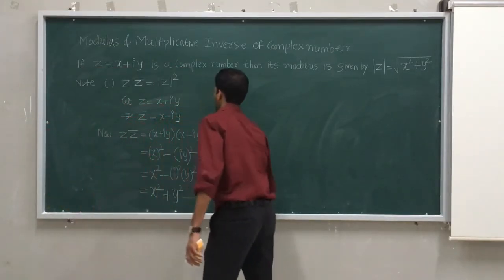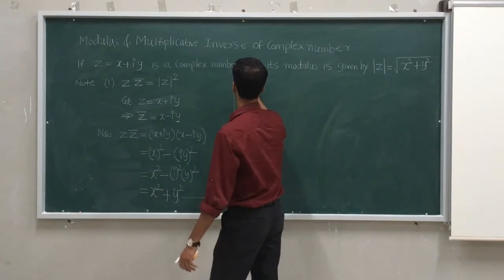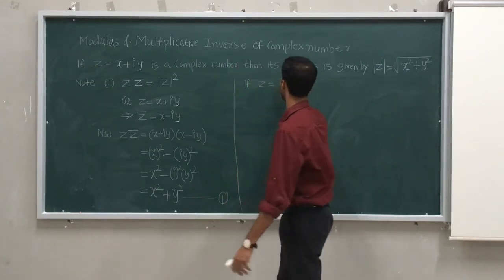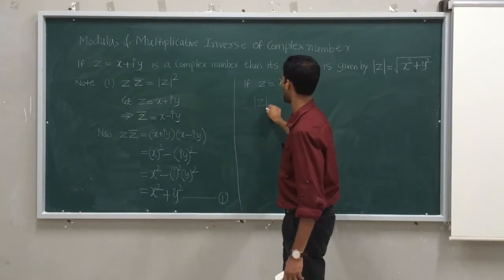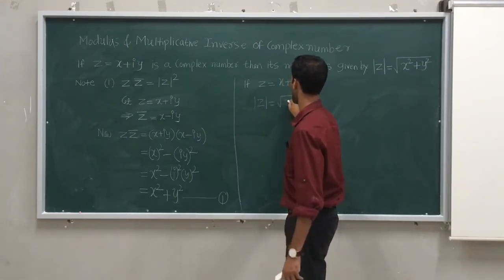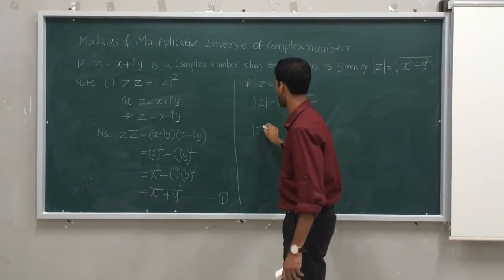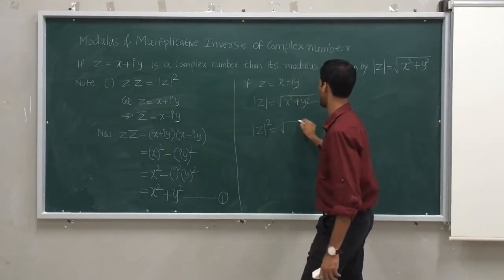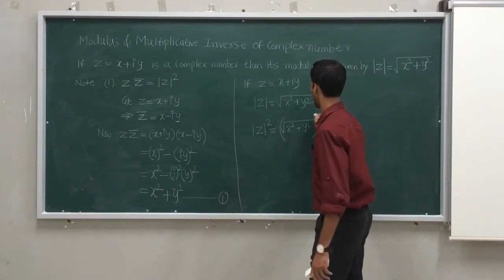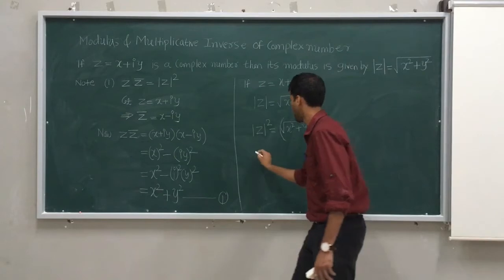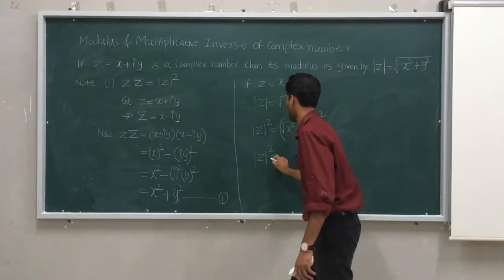Now parallelly I will take this. If z equals x plus iy, then what is the modulus of z? It is the square root of x square plus y square. Then what is mod z the whole square? It is nothing but root of x square plus y square, the whole square.